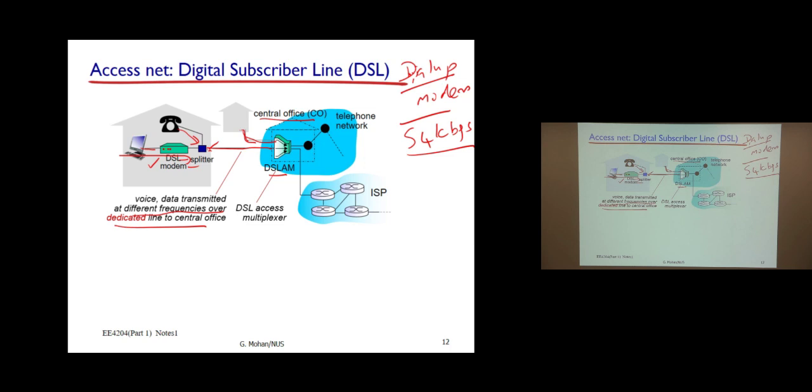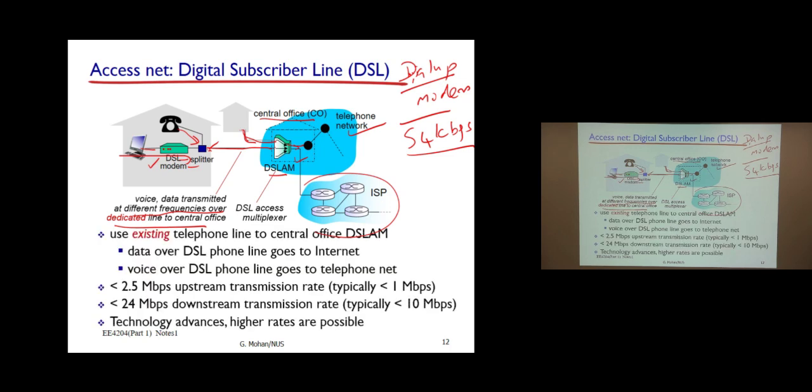And when it goes here, it will be separated. That is, voice signals will be separated out and will go through the telephone network, which is already in place, and the data signal will go through the service provider network based on the routers and other things. Is that okay? It's a very simple principle.